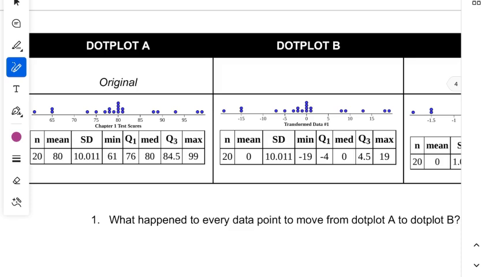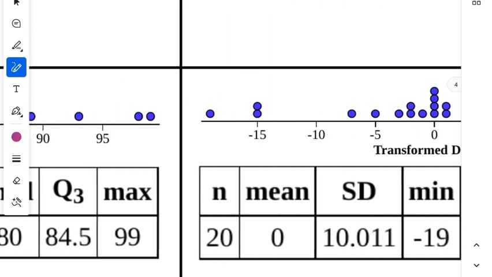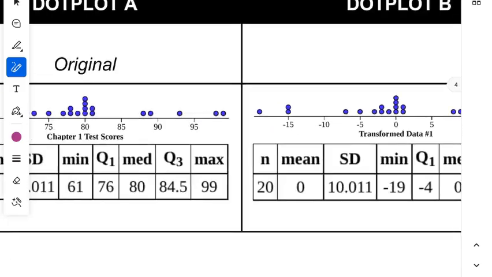Same, so the shape is the same. What about the x-axis? It's different. How could you change from our center being 80 to our center being 0? Because that's how many standard deviations it is from the mean. So the mean would end up being 0.